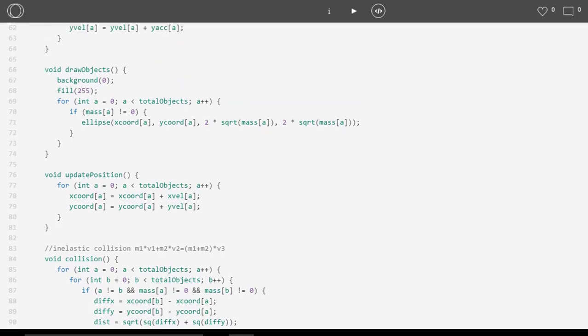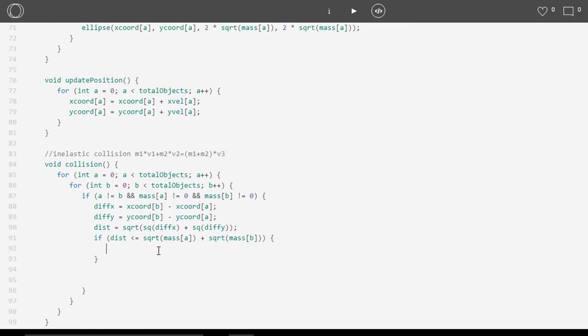So what I'm going to do is calculate for this velocity here. So if I solve for this v3, I know the masses of the two objects, I know the velocities of the two objects, and then I'm going to divide by this quantity in order to get my third velocity. I'm doing component-wise again, so I'm just going to consider the x velocity of A, for example, to be one of these things.